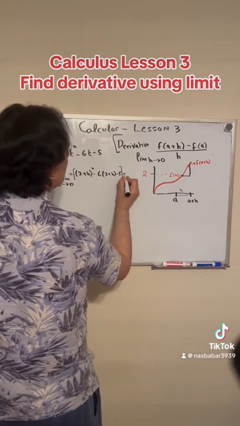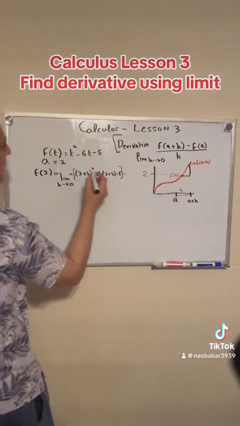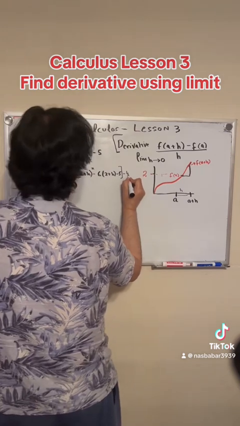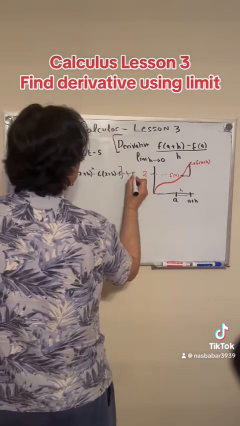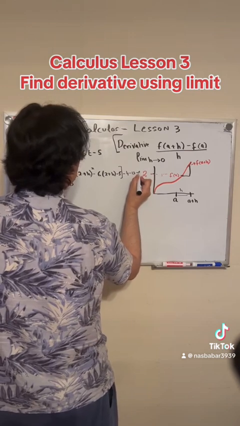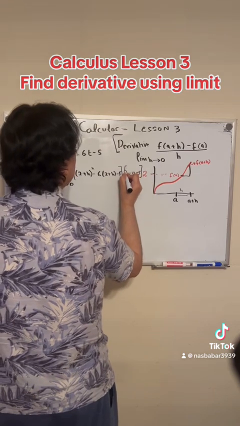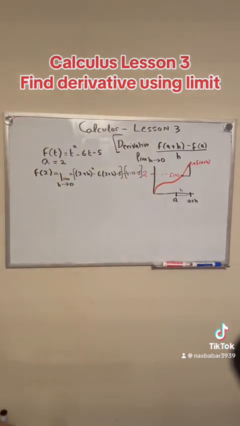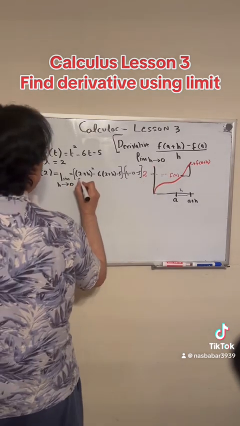minus, we still got to worry about this. So a is 2, t squared is going to be 4, 6 times 2 is 12, minus 12, minus 5, with a big bracket right here. And obviously it's divided by h.